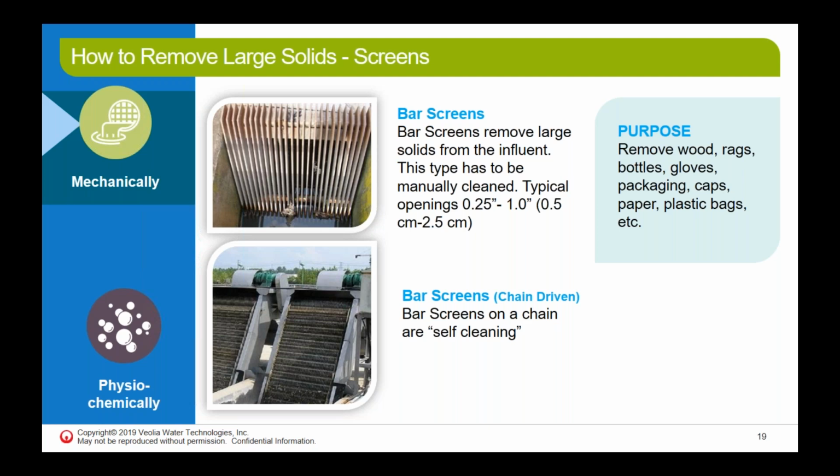So in these cases we're talking about bar screens and chain driven bar screens, which have a mechanical barrier with openings of anywhere from 1 millimeter and higher. Usually our sweet spot is 1 to 3 millimeters in opening, and they prevent coarse materials from moving forward.